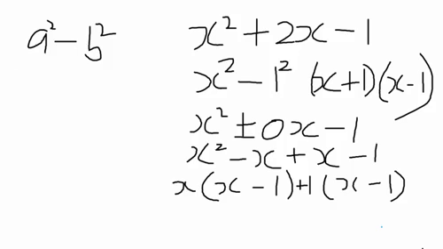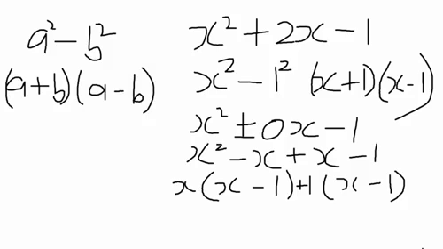So this can be expressed as a plus b times a minus b. Now if you open up the bracket, you multiply these two, giving you a squared.